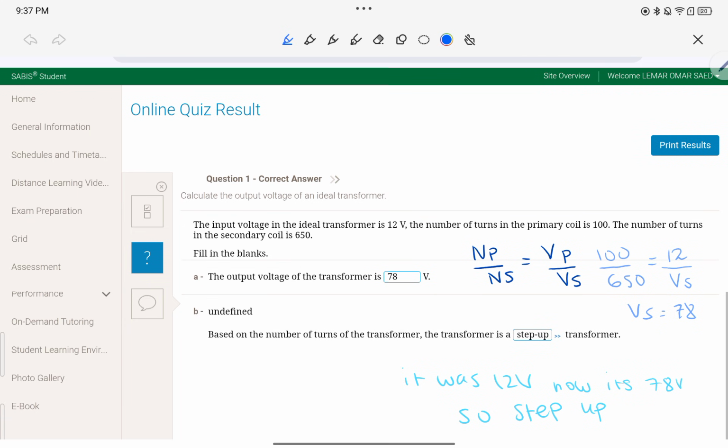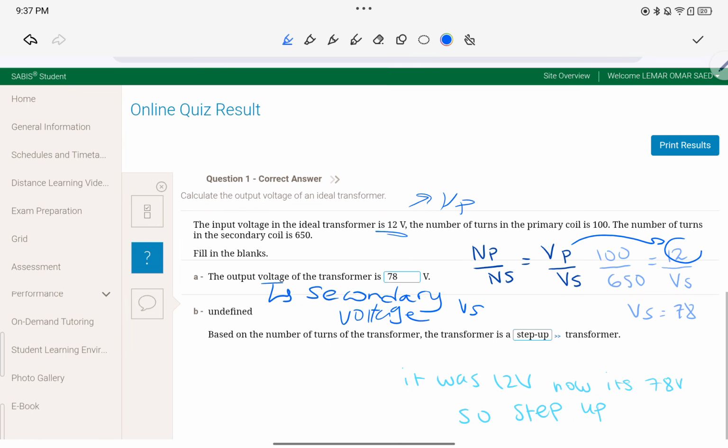They want the output voltage, and when they say output, they want the secondary of something. They said voltage, so secondary voltage, which is Vs. That means we're trying to find Vs. They gave you the input as 12, which is the primary, VP.